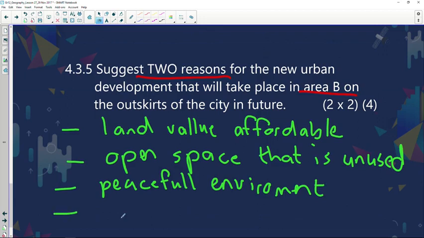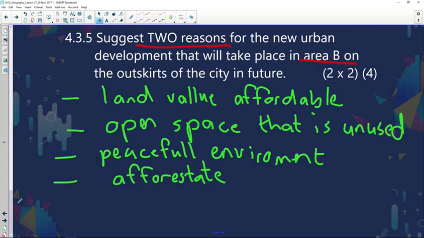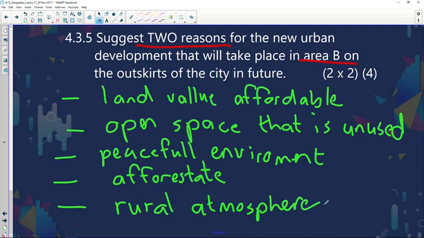And very important, afforestate. Bring in some green belts into the area, make it aesthetically better looking, pleasing, and create a rural atmosphere. Okay, so those are 2 suggestions that we can make on the outskirts in Area B. So it's a bit more attractive than all these concrete buildings, and afforestate where people can go and relax, to create a rural atmosphere where it's not this hectic, congested lifestyle.